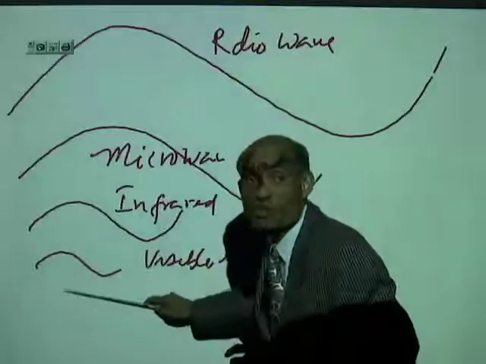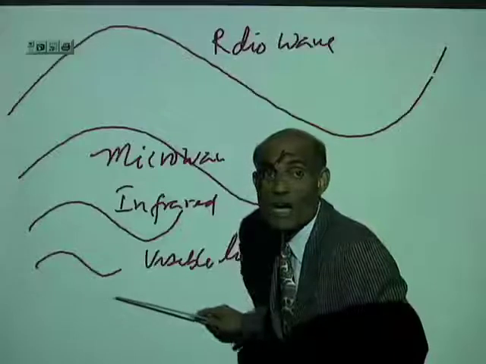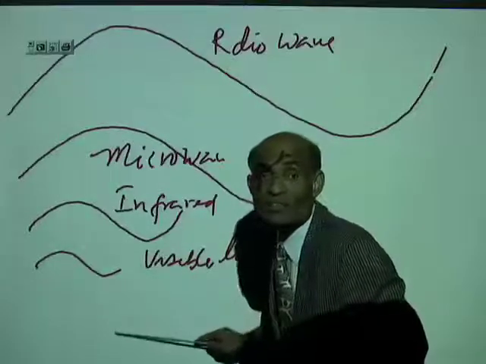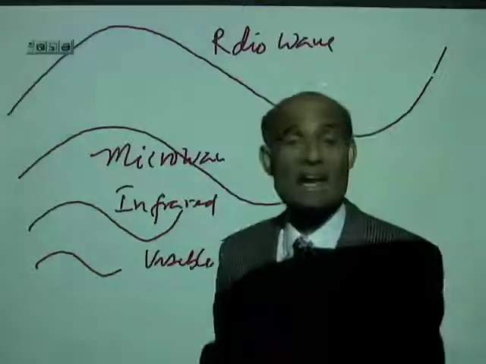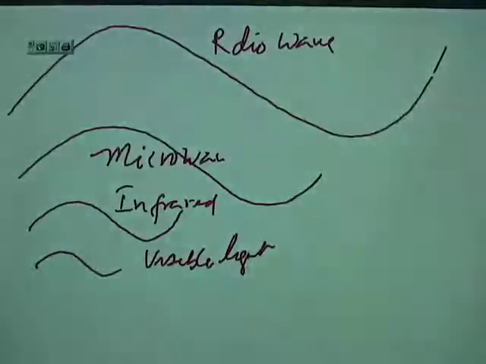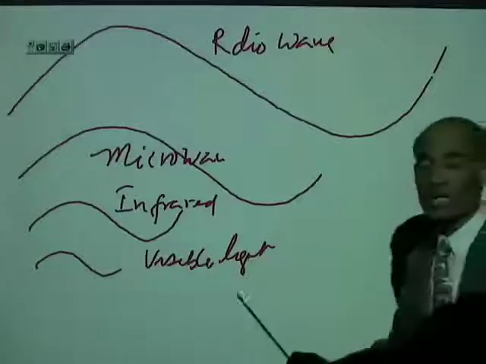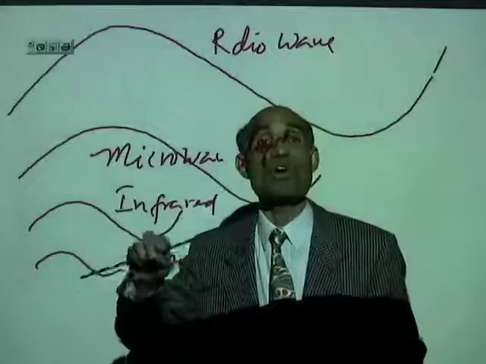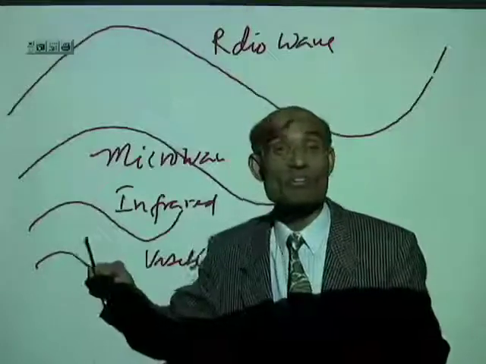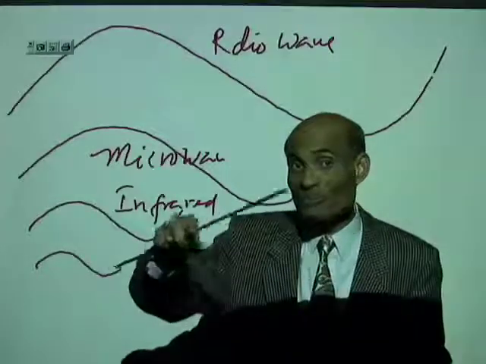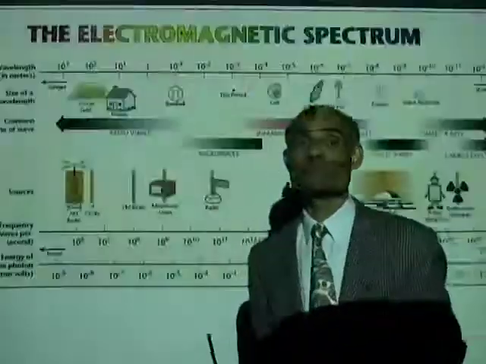And as you go shorter and shorter, you get ultraviolet, X-rays, gamma rays, and so on. So electromagnetic radiations come in all different flavors of wavelength and frequency, but they all travel with the same speed.